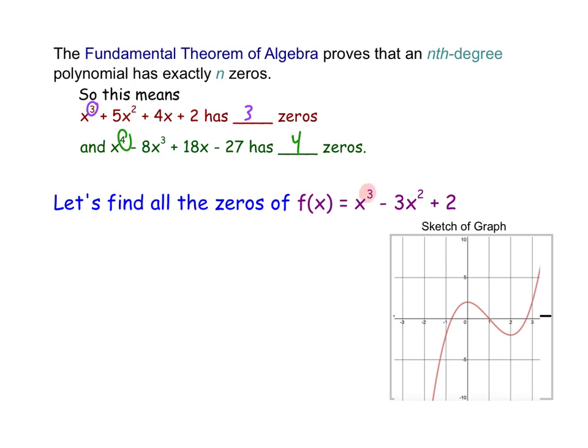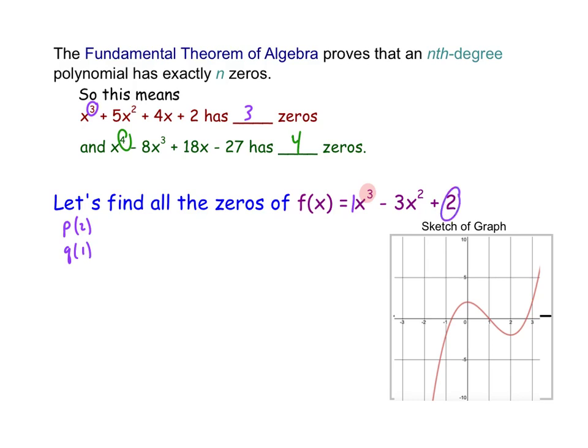So if we think about this, when we're done finding the zeros of this guy, we should have 3 zeros. I've already put the sketch in there, but let's start with our p's and q's. Thankfully this one's pretty simple. Our p value is just 2, and our q value is just 1.